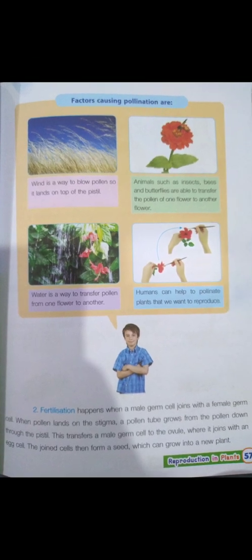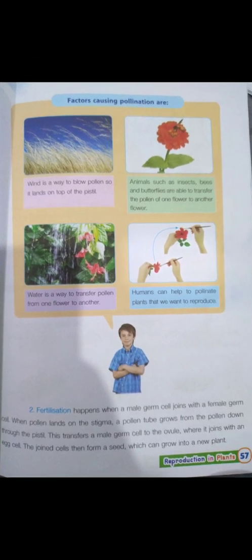Fertilization. Fertilization happens when a male germ cell joins with a female germ cell. When pollen lands on the stigma, a pollen tube grows from the pollen down through the pistil. This transfers a male germ cell to the ovule, where it joins with an egg cell.